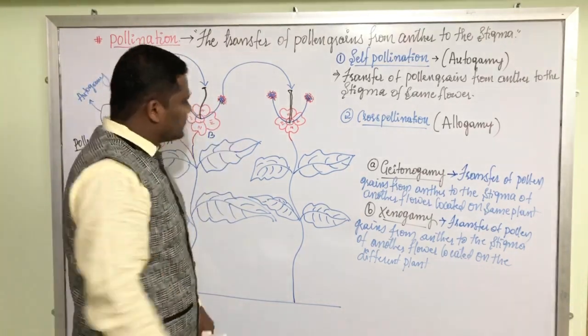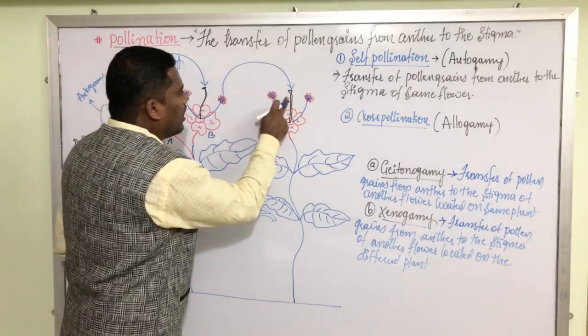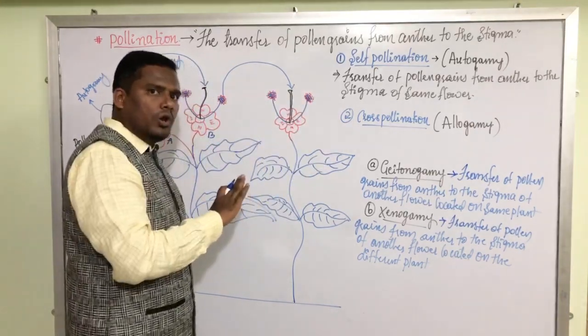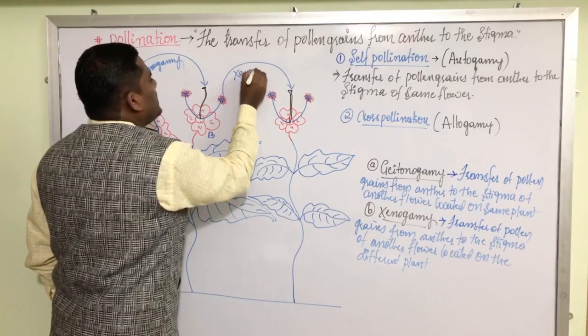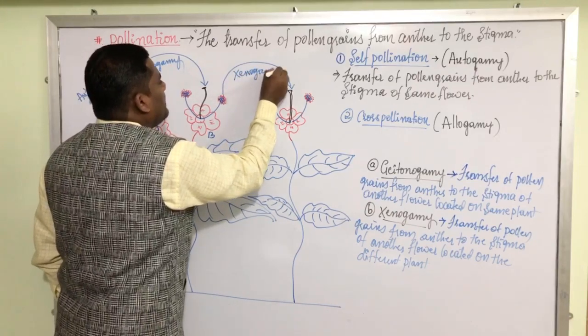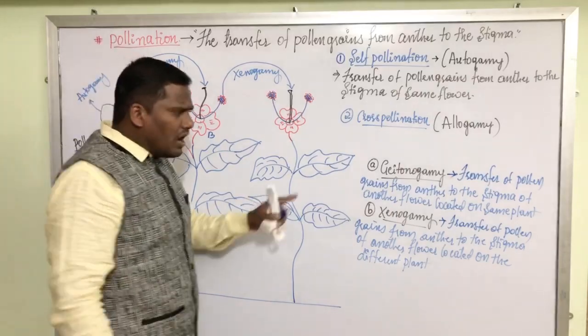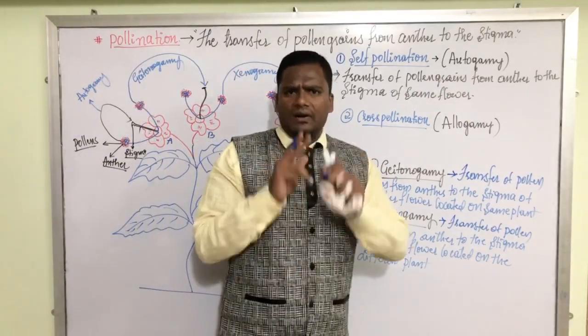Transfer of pollen grains from anther to the stigma of another flower located on another plant is called xenogamy.